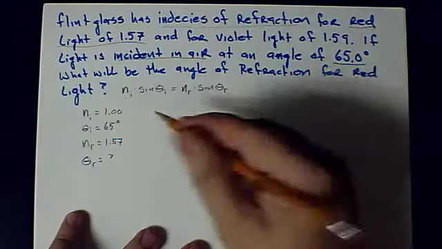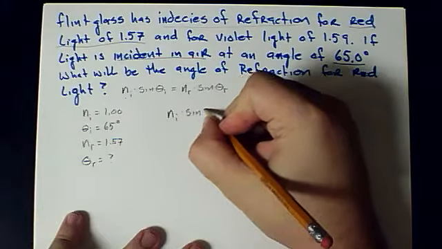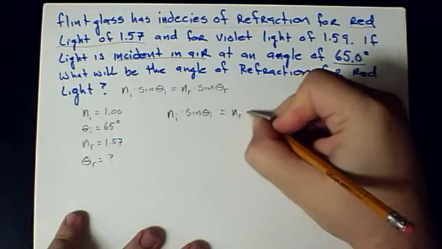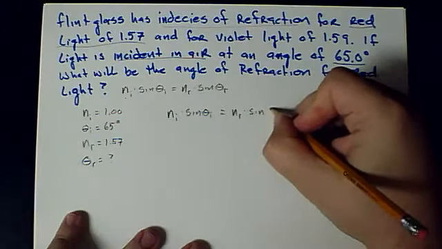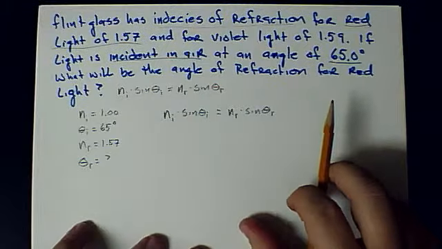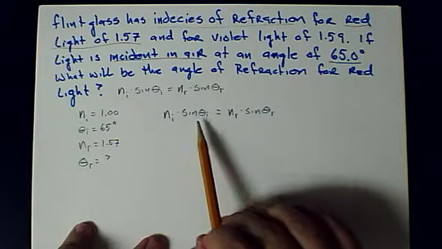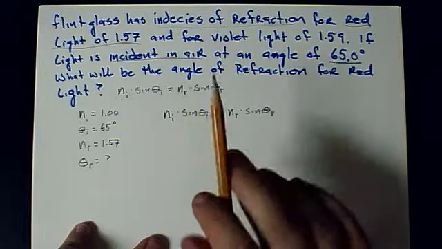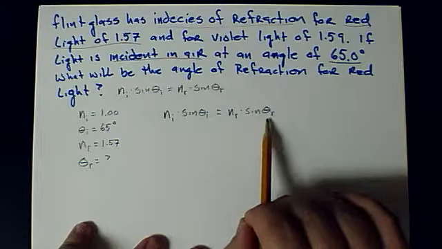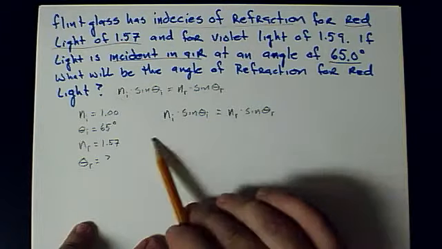So, we're going to take our equation, Ni times the sine of theta i equals Nr times the sine of theta r. Now, for those of you who are not real familiar with trig functions, don't really worry too much about the sine right now. Just consider the sine as just a button on your calculator for the moment. Right now we're trying to find theta r, so we need to move the things that are not theta r over here.